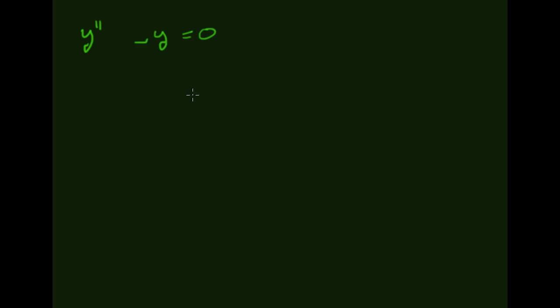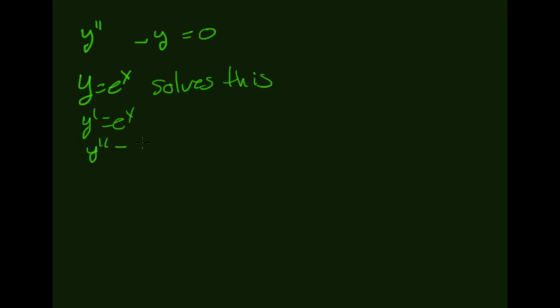It's about as simple as they get. If you look, y equals e to the x solves this, because y prime is e to the x, y double prime is e to the x, which means e to the x minus e to the x is 0.